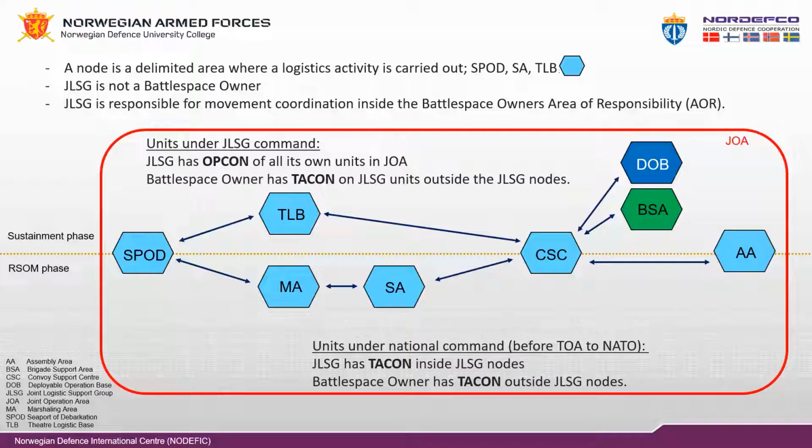Commander, Joint Logistic Support Group may be granted tactical control of transition units not under operational control by NATO when at Joint Logistic Support Group nodes. Battle space owner will have tactical control outside the Joint Logistic Support Group nodes.